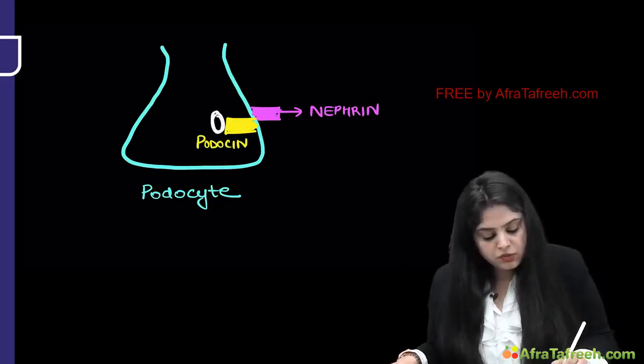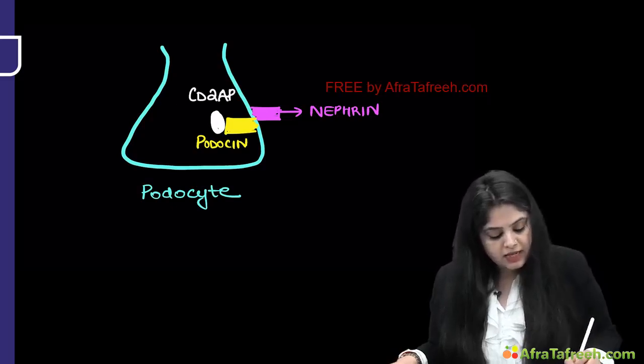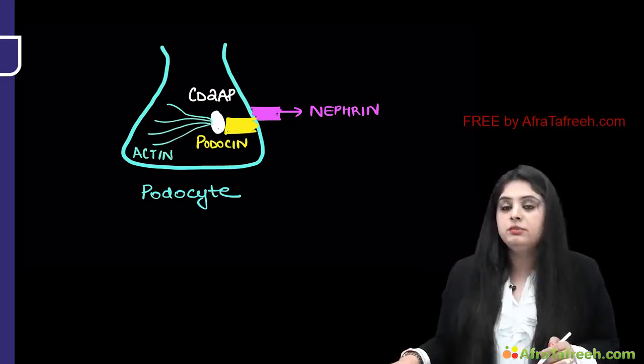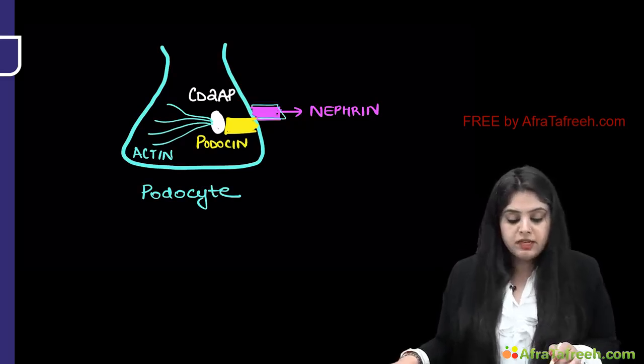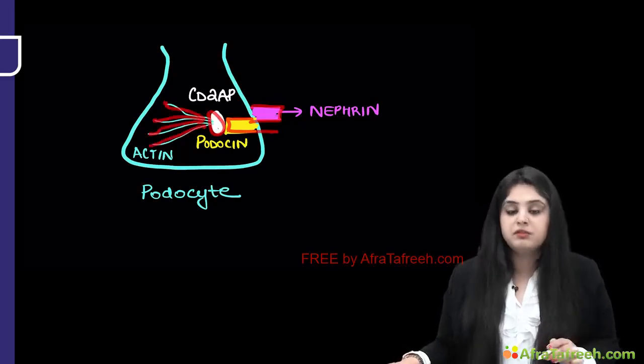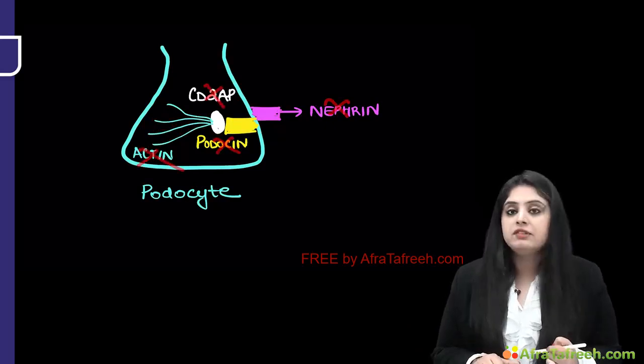Attached to the podosin was a round structure called CD2AP, and attached to this were all the filaments which we called actin filaments. So 4 things we studied: the nephrin on the outside, the podosin on the inside, CD2AP, and the actin filaments. Now if these go wrong, this means the patient can have some problem.